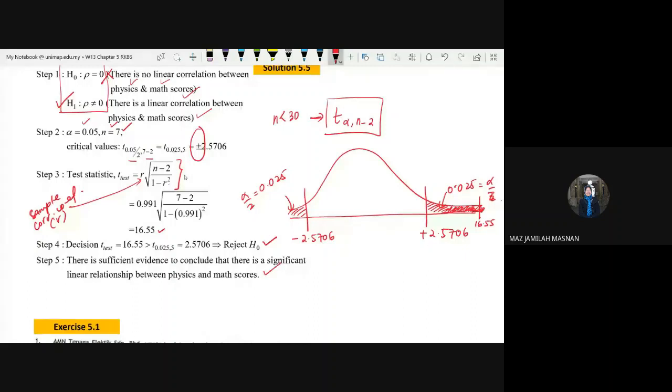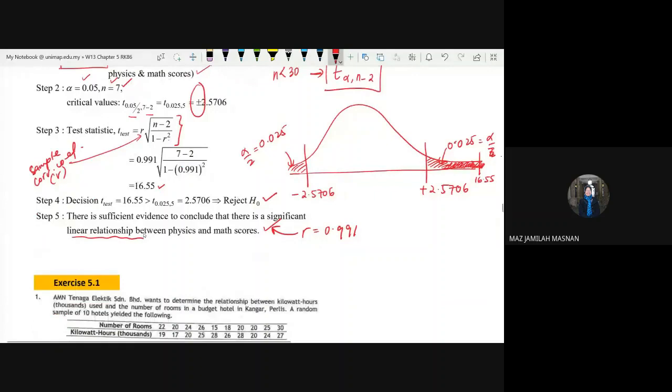Since our r just now is 0.991, it seems that you have strong evidence that there is a linear relationship between them. Okay, class, clear?